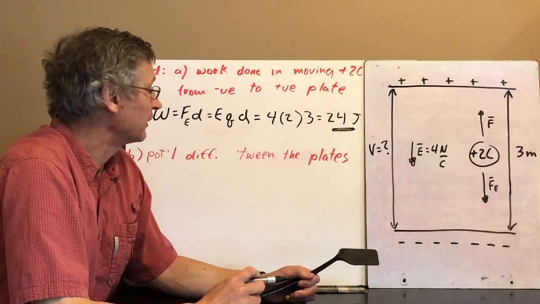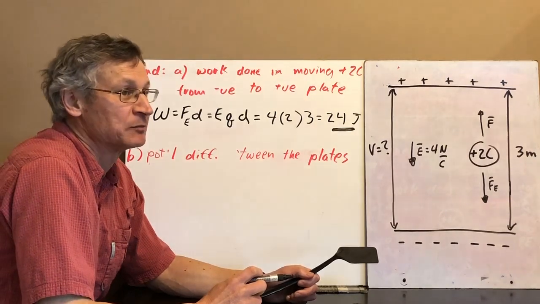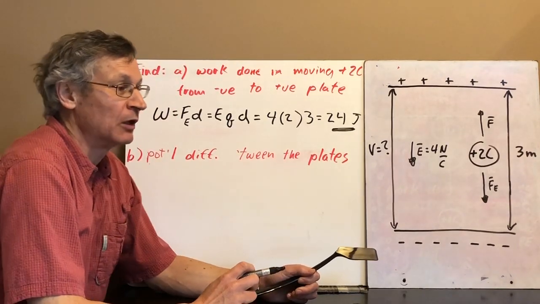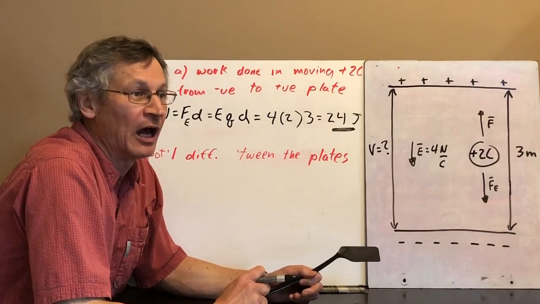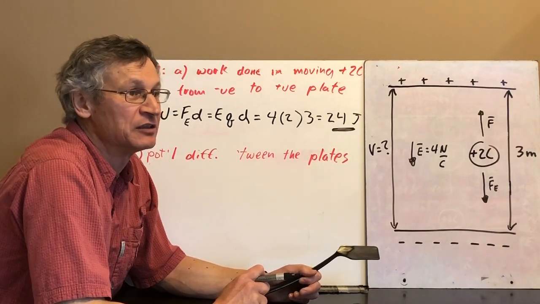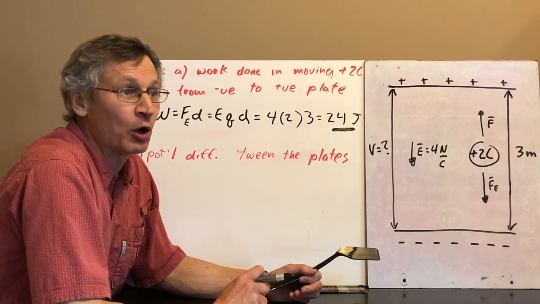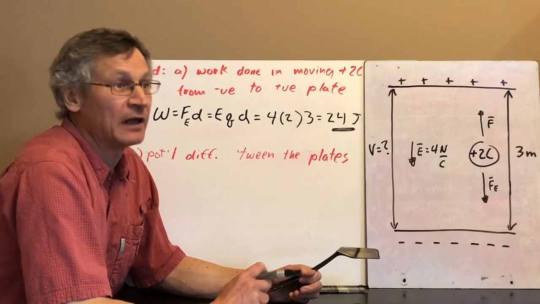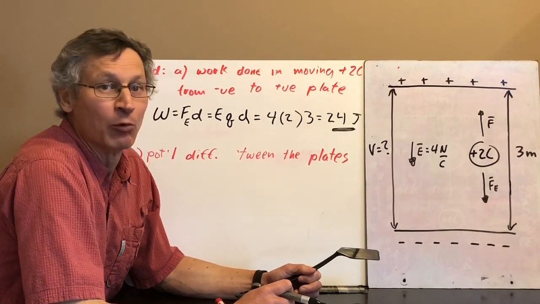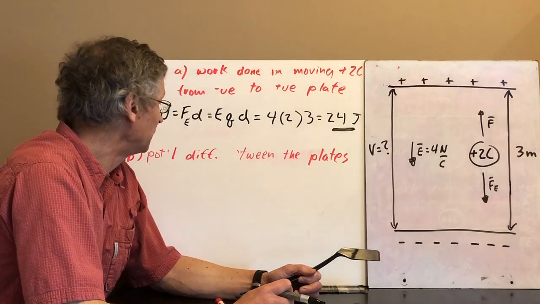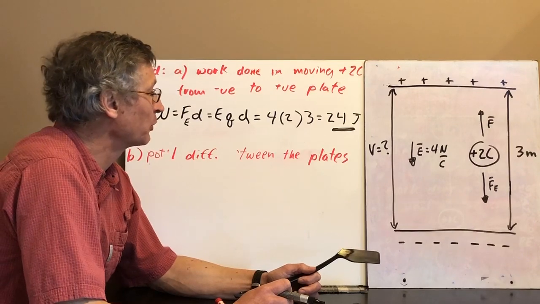Okay, perfect. Now let's see if we can figure out the potential difference between the plates. You might remember from 2 minutes ago that potential difference is either potential energy per unit charge or work per unit charge. And as I say, it's usually more convenient working with the work per unit charge idea. So potential difference is the same as work per unit charge.